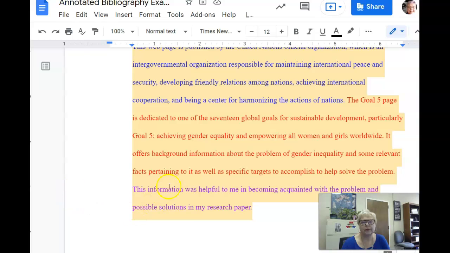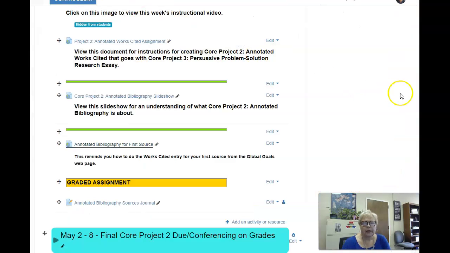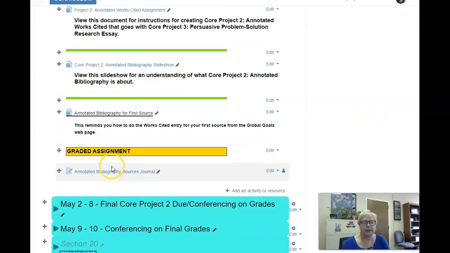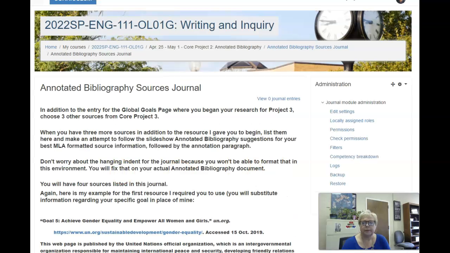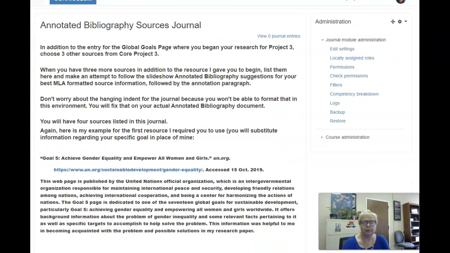How was that source valuable to you in your research paper? Okay, so you have all of this information. What I'm asking you to do for this week is to pick your 4 sources from your Core Project 3 that you're going to use for this.